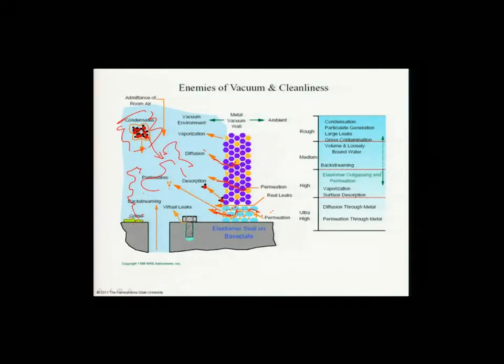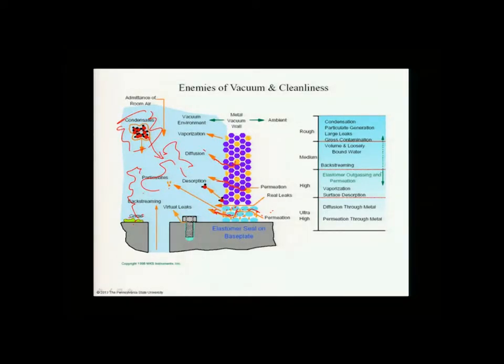Because if that screw is put in here at atmospheric pressure, which it probably was, right, then it does have air molecules trapped in here, and eventually they'll get out, and that's another source of a virtual leak. So we have virtual leaks here, virtual leak here, virtual leak here, real leaks here, and real leaks here. All of these things are going on, and can cause tremendous problems.